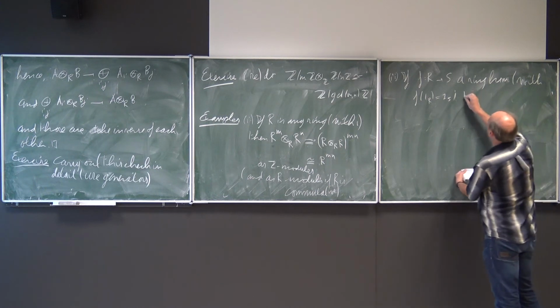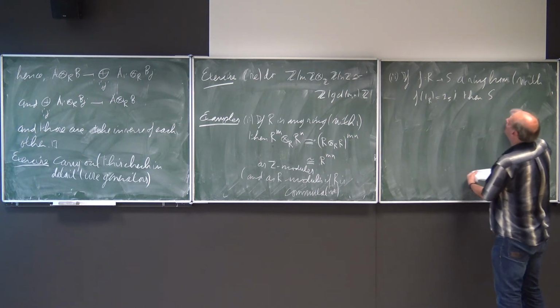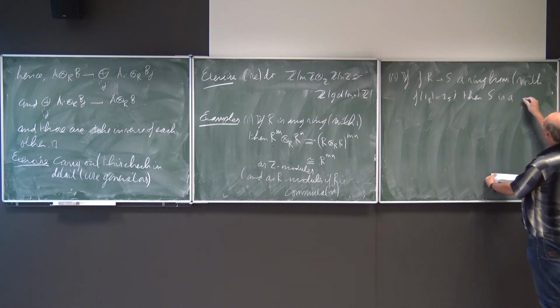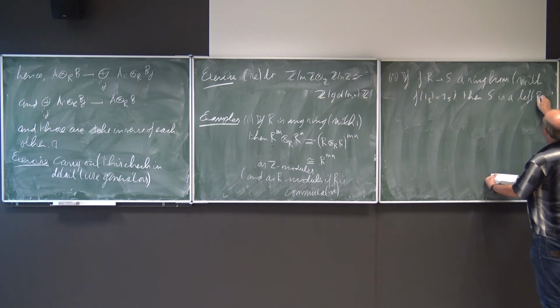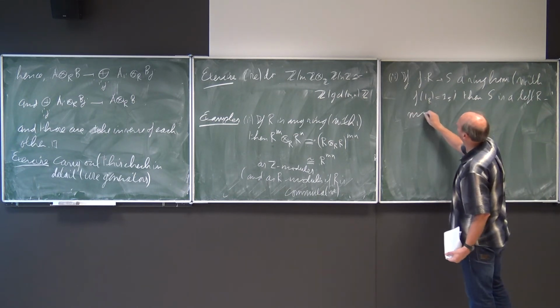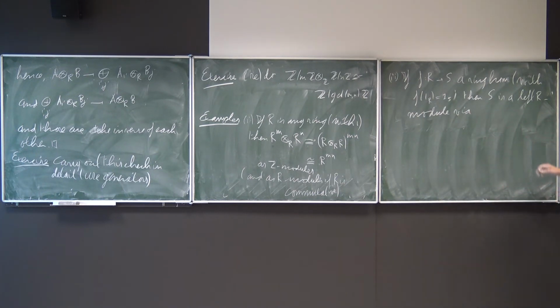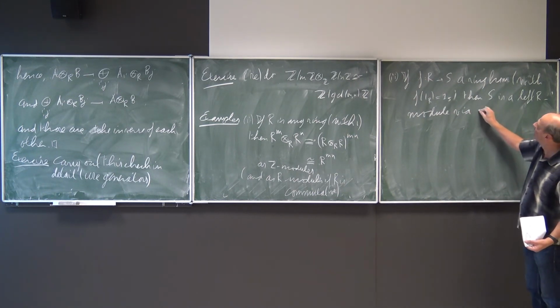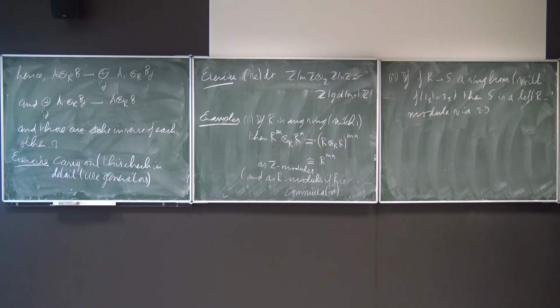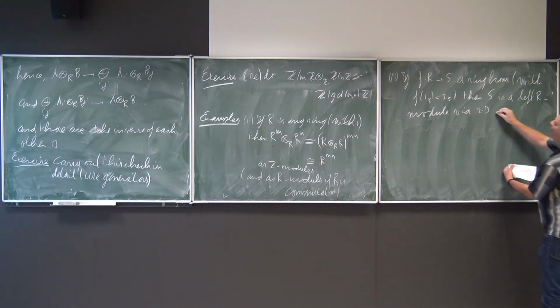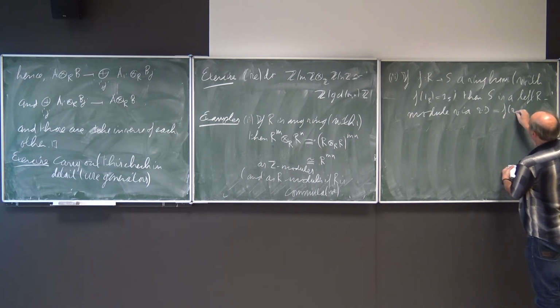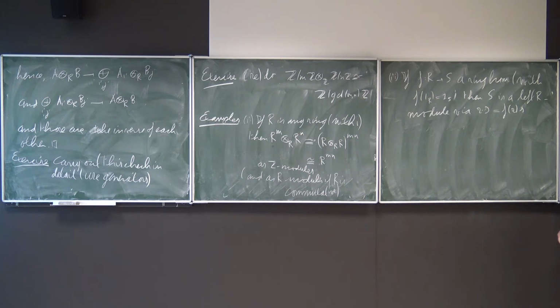Then S is a left R module. So I have to take an element in S, and left multiply it with an element in R. The natural thing to do is first apply F to R, and then multiply the thing in S. And you can check, this makes S into a left R module.